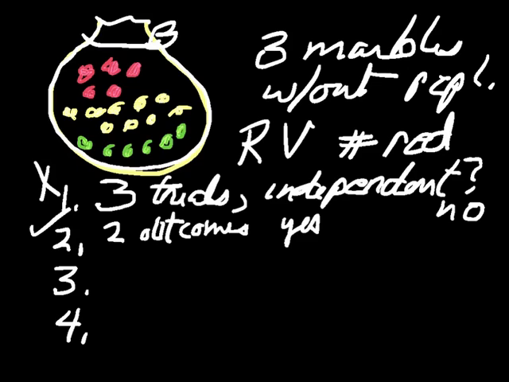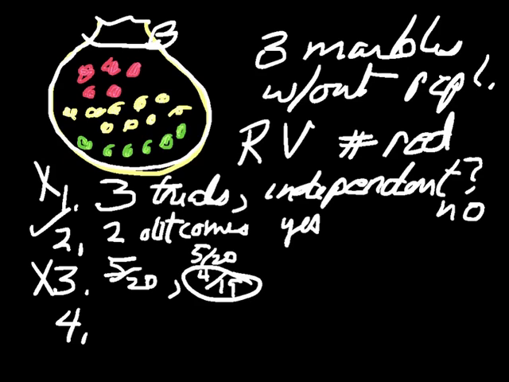Step 3, is the probability of success the same? And this would be a failure because on the first draw it would be 5 out of 20 as the probability of success, but on the second draw, it could be 5 out of 19 or 4 out of 19 if we had gotten a red on the first one.